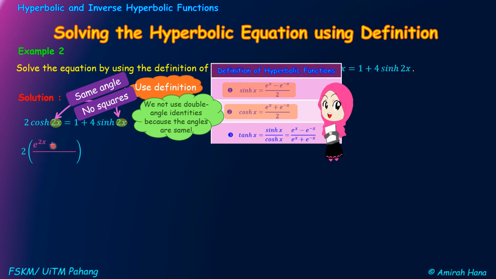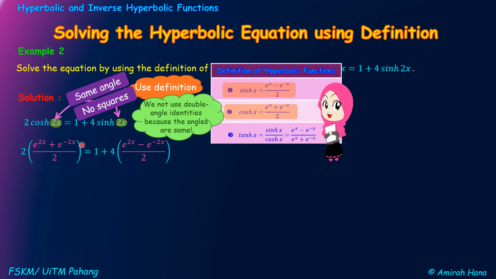So from here, we can write 2. Now we have cosh 2x, so we replace x here by 2x. We get e to the power of 2x plus e to the power of negative 2x over 2. We still follow over 2, but we just replace x by 2x.